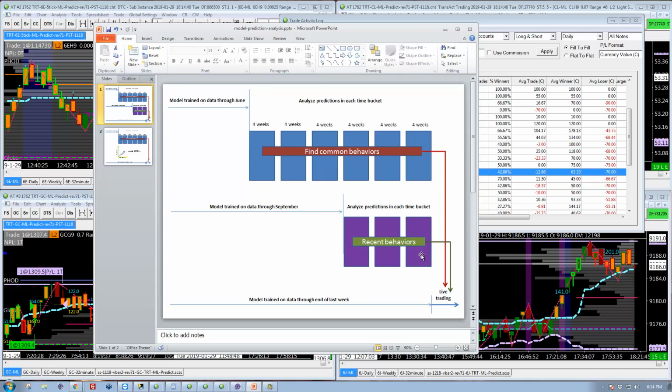This is the experiment I ran in January, using a different analytical process to look at more recent behaviors. Now, you have a lot less data to work with here, so finding commonality doesn't work anymore because there isn't enough opportunity for all the different behaviors to show up.